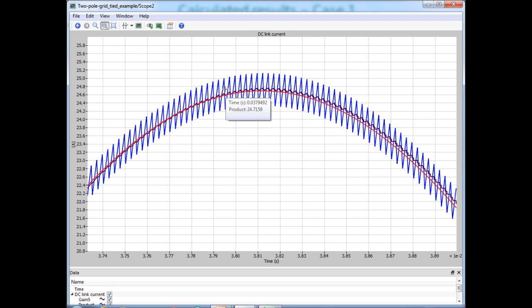And the third waveform, the black waveform, is obtained by actually measuring the instantaneous DC link current and taking its cycle by cycle average. Clearly that matches very well with our analytically calculated red waveform, and they both match with the VC times IG method as well.